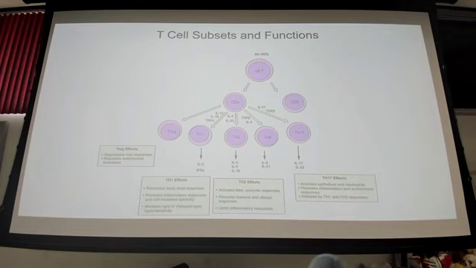Those CD4 cells that are undifferentiated in terms of their subset will receive different cytokine cues and signals, and then they will become any one of those subsets that we talked about: Tregs, Th1, Th2, Th17. Don't worry about Th9. I'm sure it does something super important, but we don't need to worry about that.